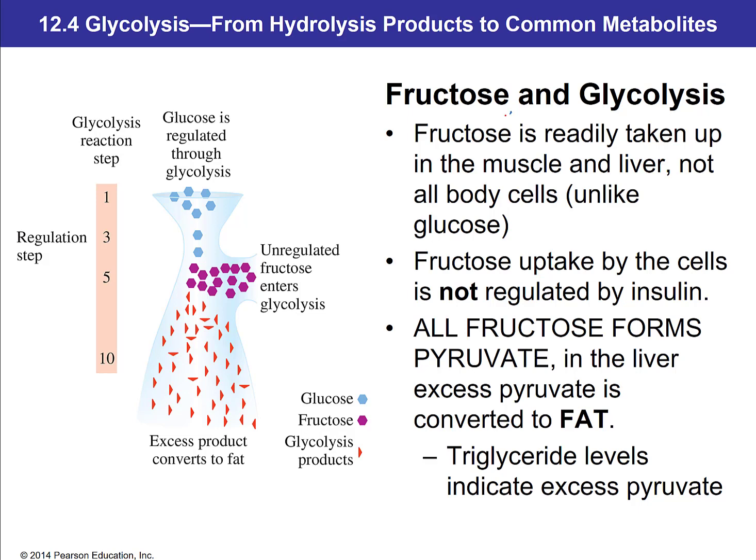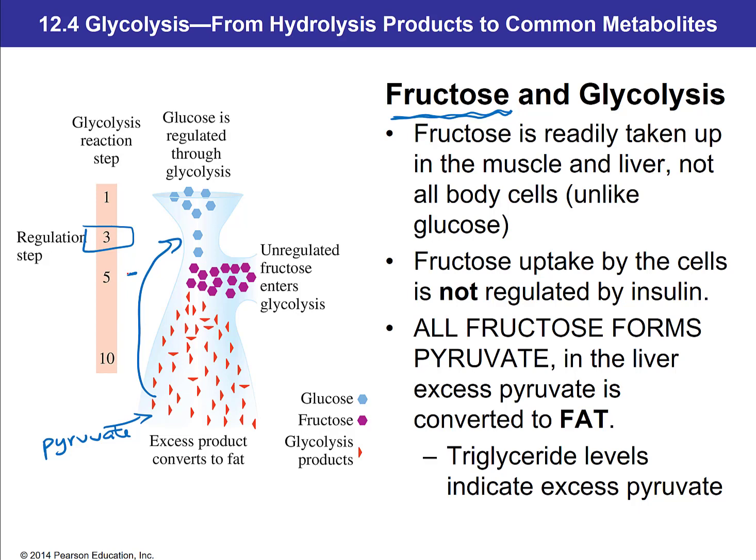Interestingly, fructose is not regulated like this. So here's our regulation step. I like their little flow through. They're saying, here's your production line. At the top, if glucose comes in and there's plenty of the little red triangles, plenty of pyruvate, plenty of glycolysis products, then that will have a negative effect up here.